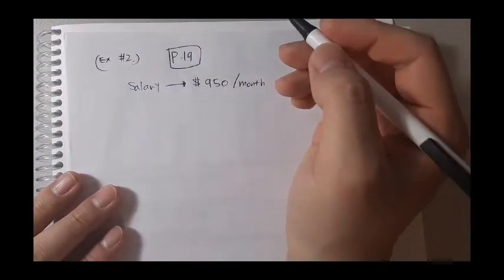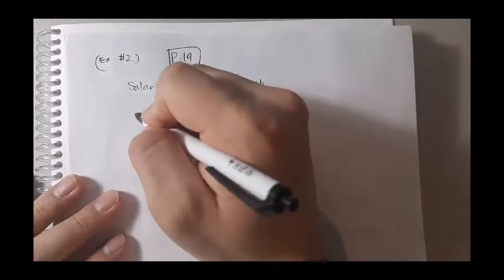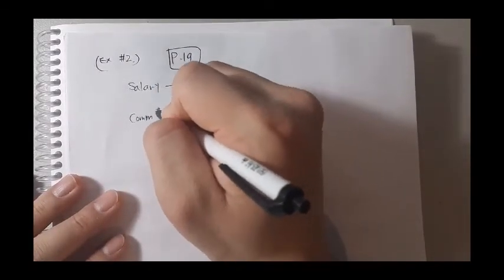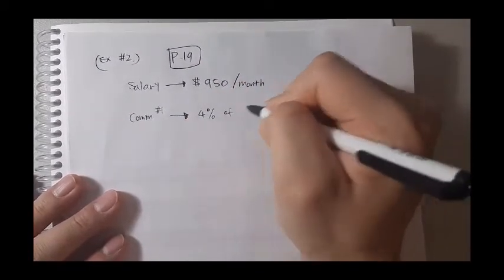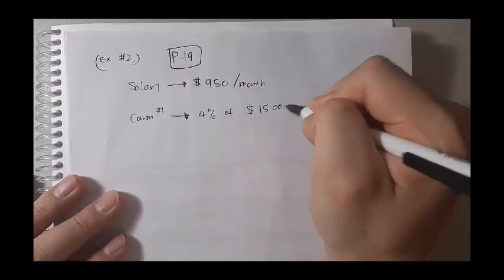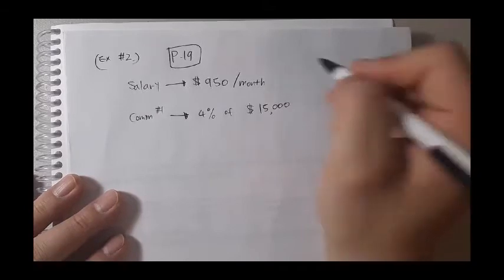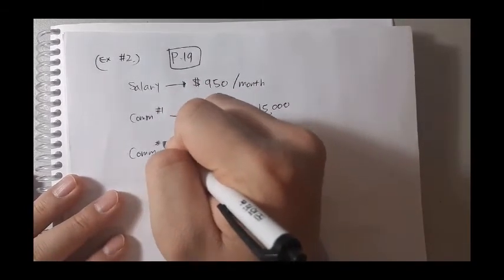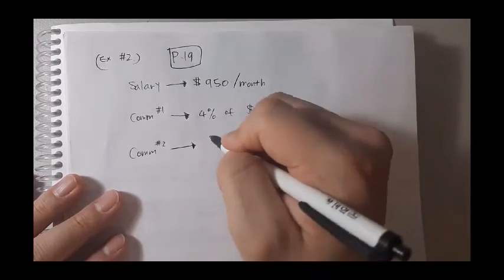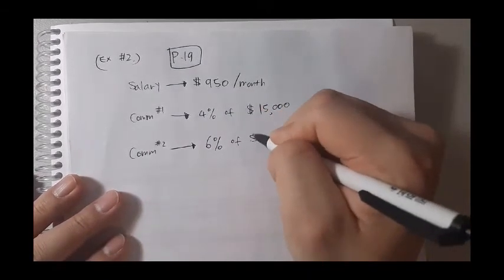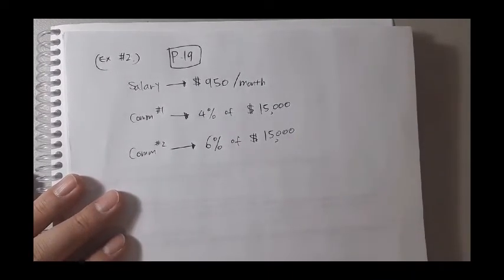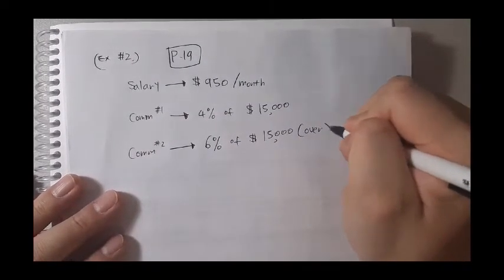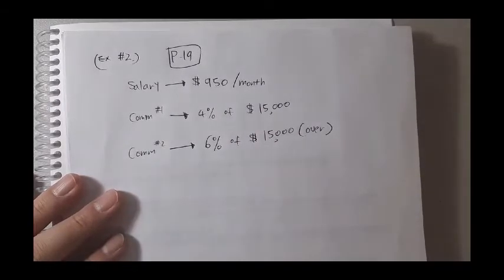For the first commission, I'm going to put commission number 1, she has 4% of her sale amount, $15,000. And for commission number 2, there is 6% of sales over $15,000.